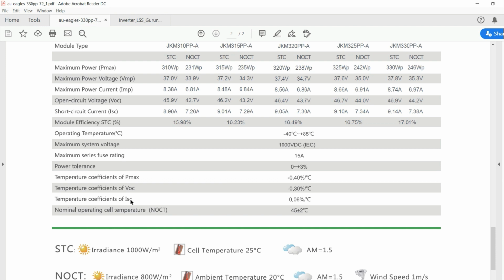And there is the temperature coefficient for short circuit current: the current will increase when the temperature increases. Every 1 degree Celsius, the current will increase by 0.06%.